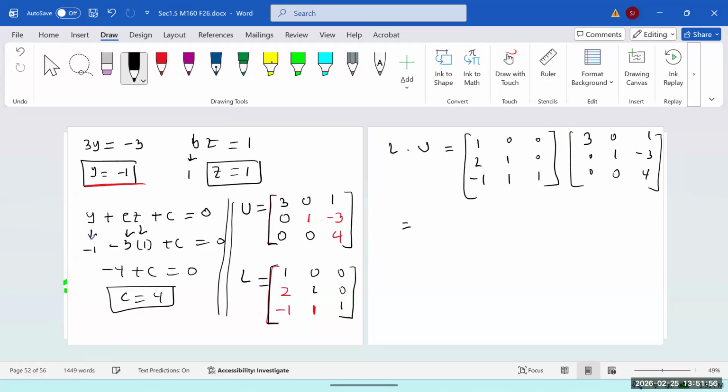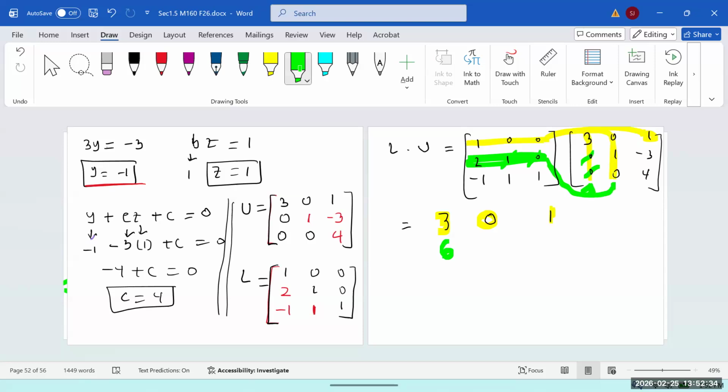So when you multiply, row number 1, column number 1 gives us 3. Row number 1, column number 2 gives us 0. Row number 1, column number 3 gives us only 1. So we have 3, 0, 1. And then we go to the second row. Second row, column number 1, the 0, 0 cancel out, so we have 3 times 2, 6.